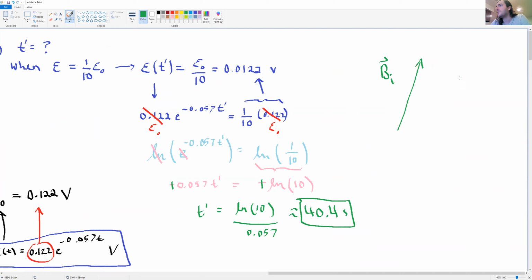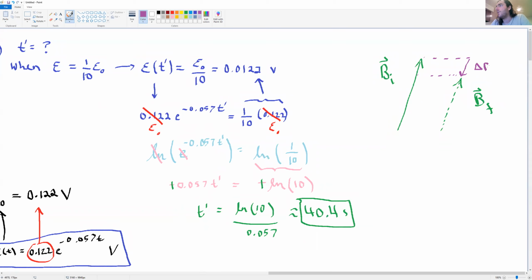And if B decreases, then at some final time, sometime later, B will be like this, right? And if this is B final, this is how you can always determine the direction of delta B. So if B is now this way, then delta B is pointing in this direction here.